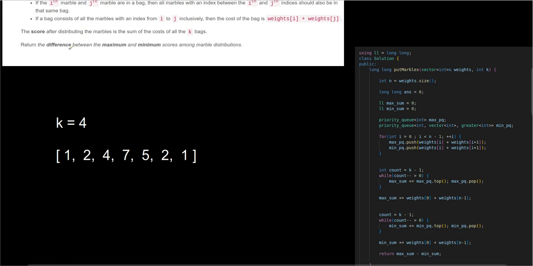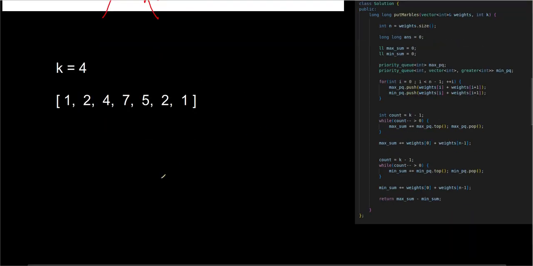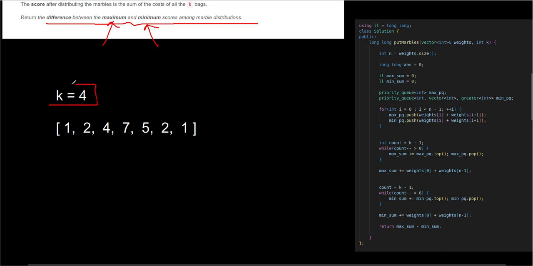Now we need to return the difference between the maximum and the minimum scores among marble distributions. How can we find the maximum score and the minimum score? Notice that for k equal 4, we need 4 segments: segment 1, segment 2, segment 3, segment 4.